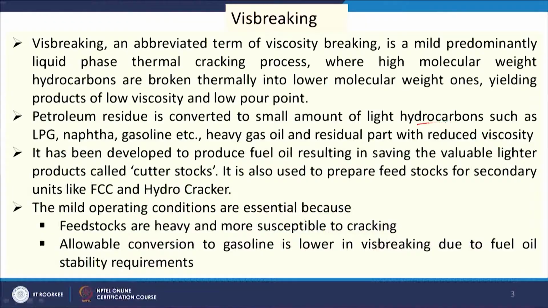So, moderate conditions are needed in this method, as our target product is the liquid product or lighter products with lower viscosity, and this process can give us hydrocarbons like LPG, naphtha, gasoline, heavy gas oil, etc. And by this method we are getting some lighter material from the residual part.